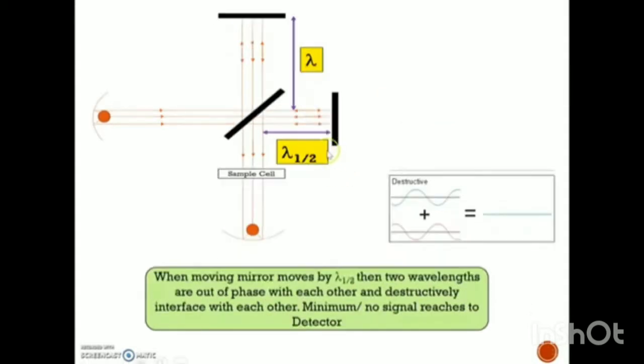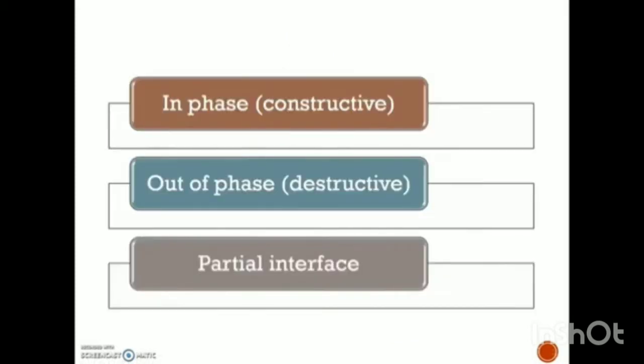When the movable mirror moves lambda/2, the destructive out of phase pattern occurs and minimum or no signal reaches the detector. So in FTIR, in-phase pattern, out of phase pattern and partial interference pattern take place.